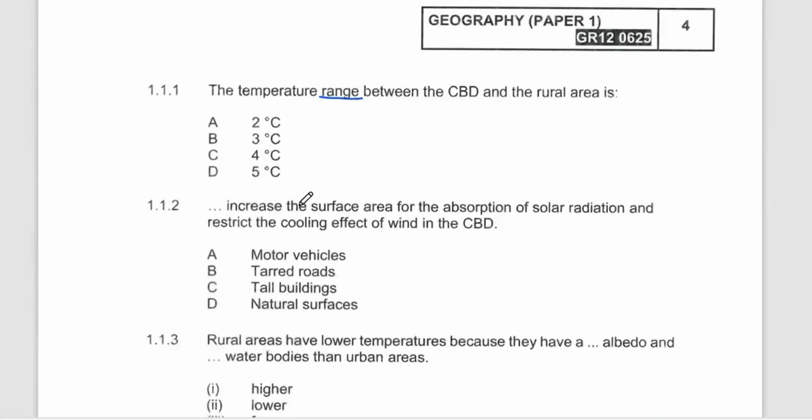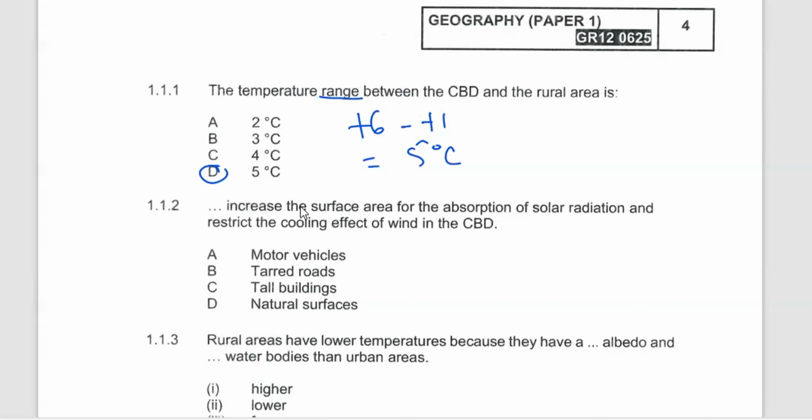So the temperature range is the difference between positive 6 and positive 1, which gives us 5 degrees Celsius. So our correct response is item D, 5 degrees Celsius, which we find by getting the difference between the highest temperature, closer to the CBD, and the temperature of the rural area, which is positive 1. We move on to the next question.